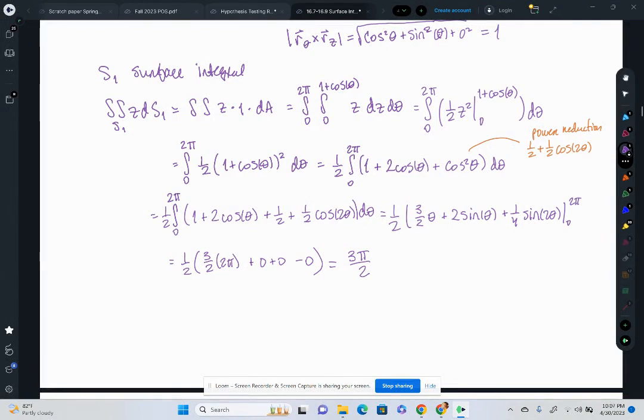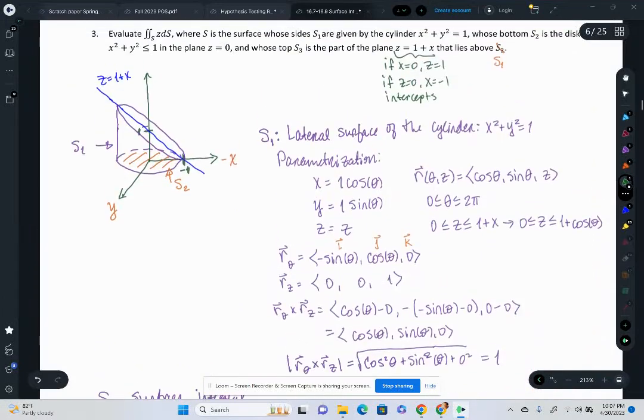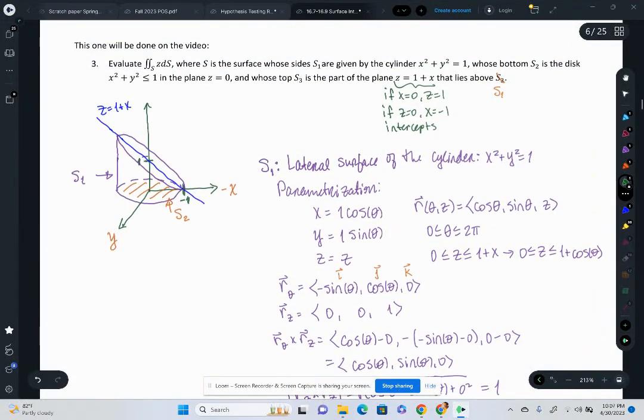Okay, let's see what happens with those. So now we're going to go on to S2. And if you recall, I'll go up to the top and recall for us. S2 is the disk. X squared plus y squared is less than or equal to 1 in the plane z equals 0.